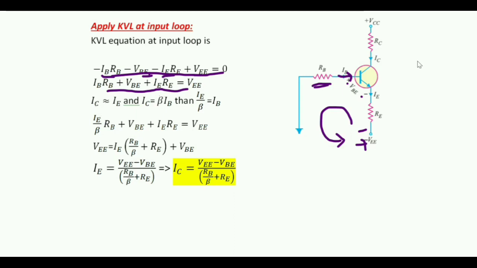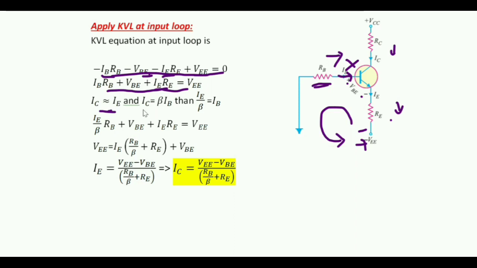We know from the previous circuits that IC plus IB is equal to IE. From that we can neglect IB as it is very small, so IE is approximately equal to IC. If we replace IE with IC, we will get the collector current equation.